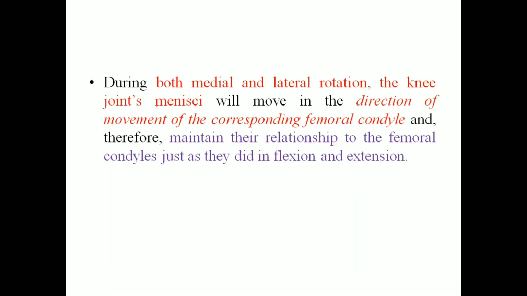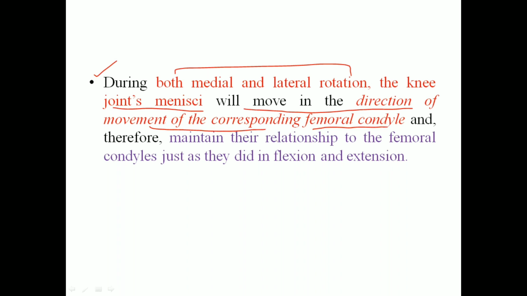Now one important thing: during both medial and lateral rotation, the knee joint meniscus will move in the direction of the movement of the corresponding femoral condyle to maintain their relationship with the femoral condyle, as they did in flexion and extension. Now what does it mean?